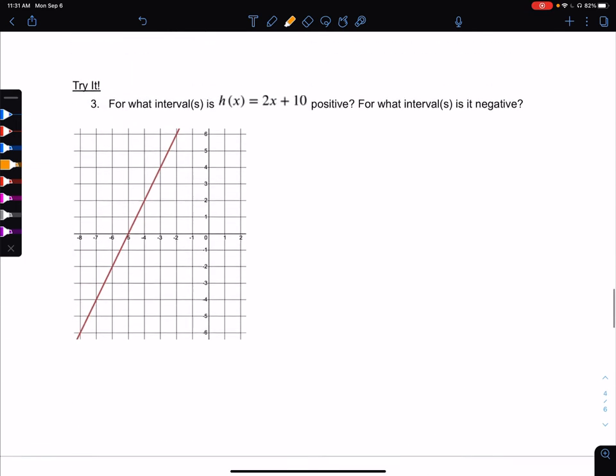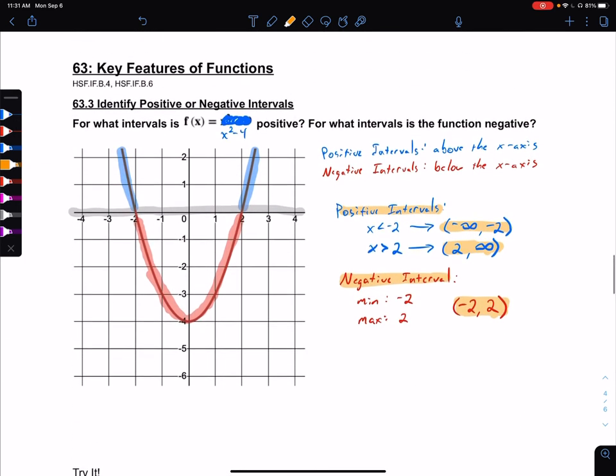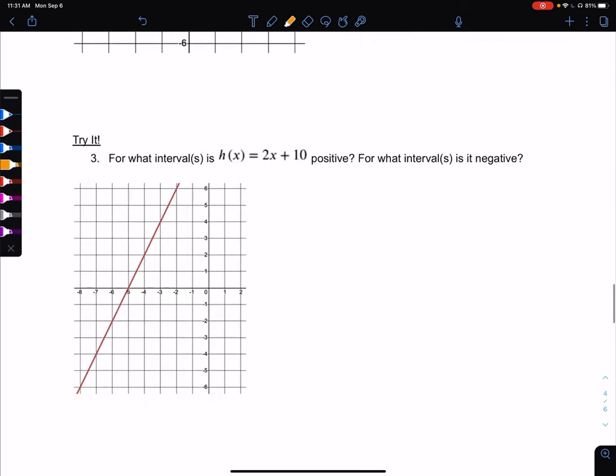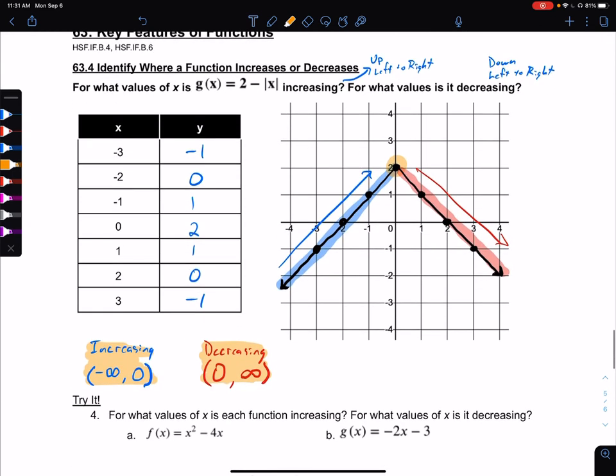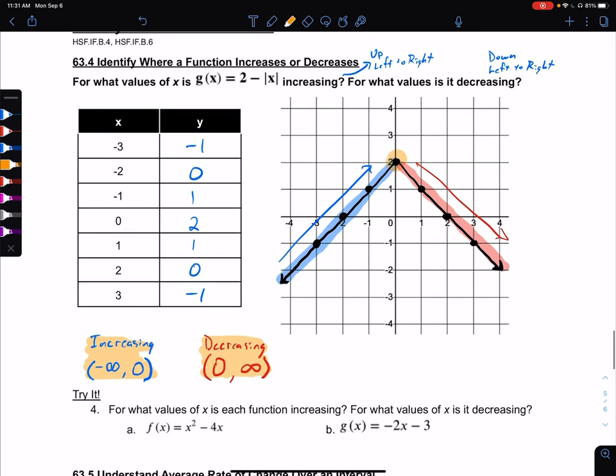Quite similar to the problem above, example 3, where we looked at positive and negative intervals, above and below the x-axis. Determining increasing and decreasing is pretty straightforward once you have the graph. There is the case where you might have graphs that change direction a couple times, that kind of curve this way, but you'll be able to determine it by looking at specific intervals.